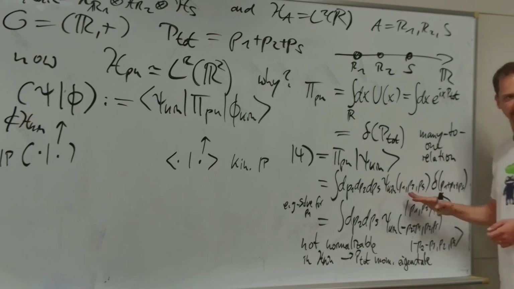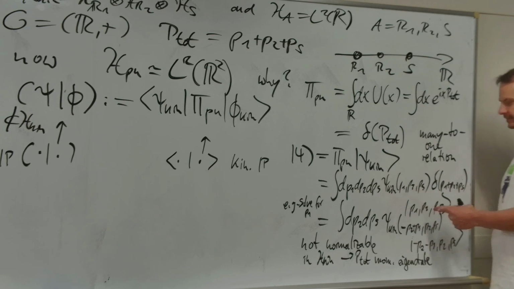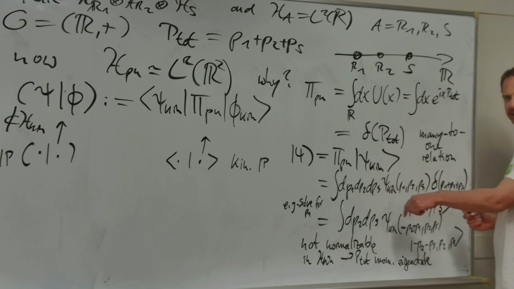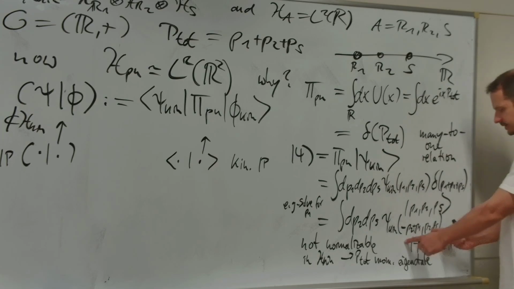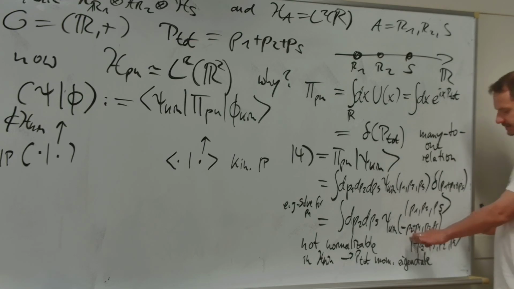Yeah, so is that clear, the argument? Here you have the dependence on three independent variables, as the square integrable. Here you really have only a dependence on two independent variables, and this slot is fixed.